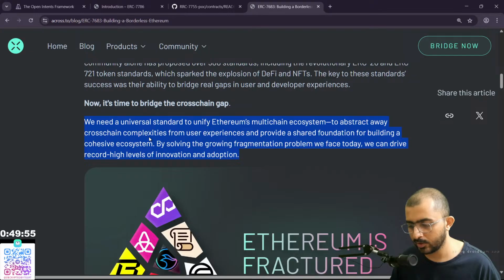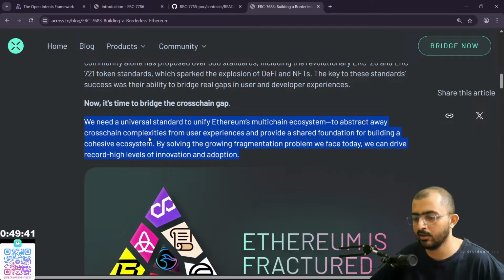We need a universal standard for unifying Ethereum's multi-chain ecosystem to abstract away cross-chain complexities from user experiences and provide a shared foundation for building a cohesive ecosystem by solving the growing fragmentation problem we face today.